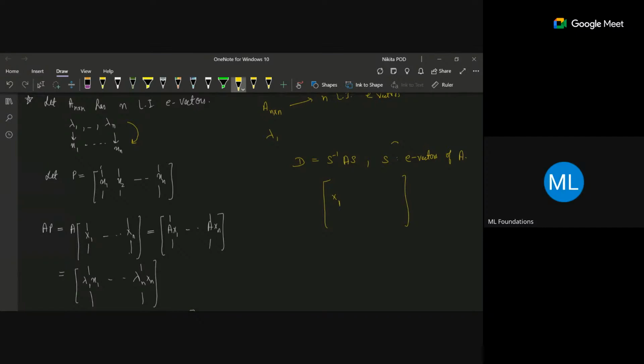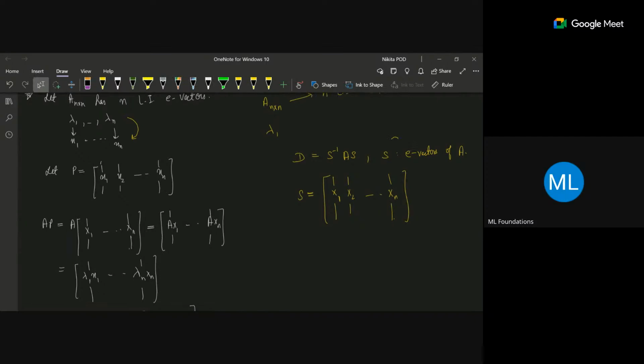So if x1, x2, up to xn are the eigenvectors, we have x1, x2, up to xn as the columns. Let's say this is my S. What happens when you multiply A to this? A will go inside, so we get Ax1, Ax2, up to Axn.